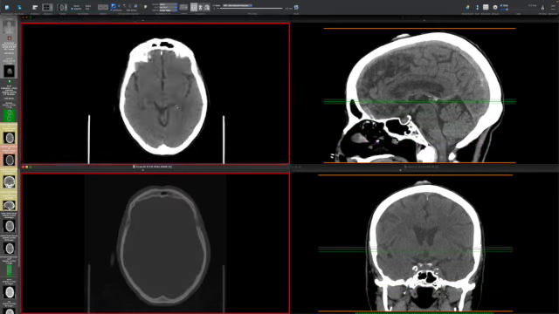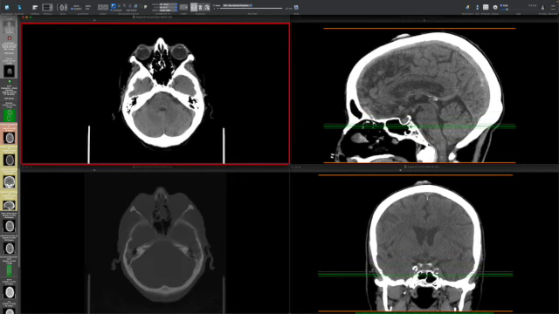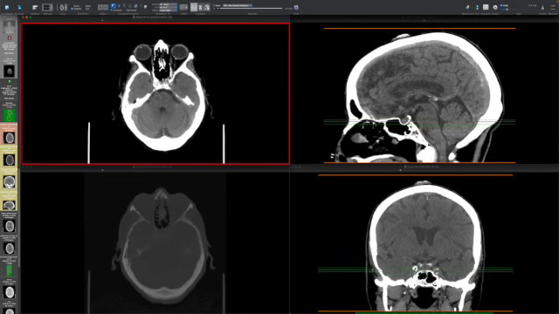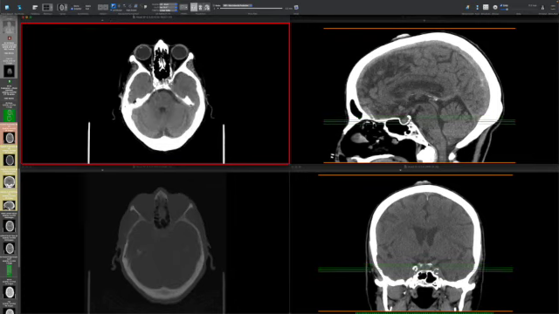And then once we've assessed that, we're going to look at the extracranial structures, and that's where we lump in looking at the other important structures in the head that we can see, like the orbits, including the globes and the optic nerve and sheath complex and extraocular muscles. The orbital fat should be nice and uniform and dark.